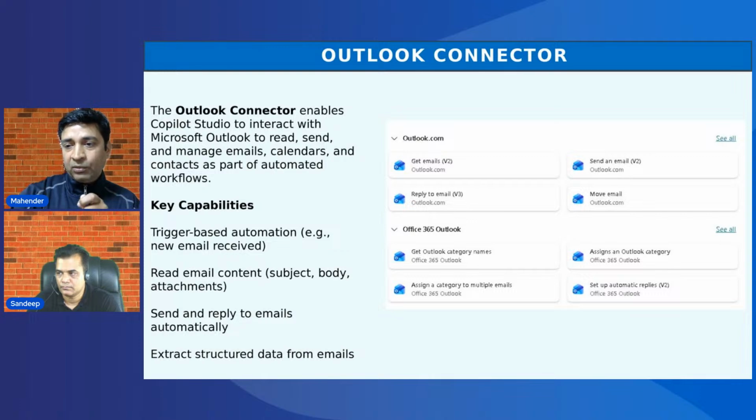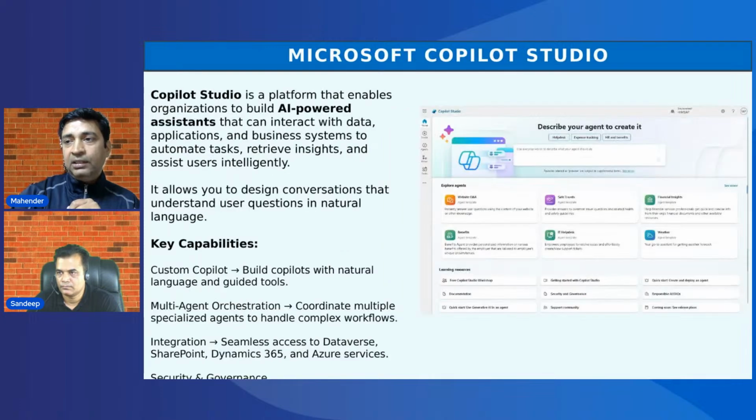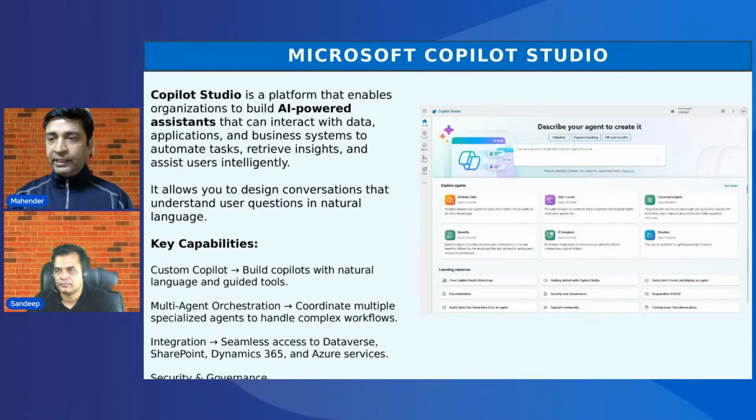Okay, now the next thing here is Microsoft Copilot Studio. In Copilot Studio, what we are basically doing is building agents, right? Now, what is Copilot Studio? In a simple way, this is a platform which allows us to build agents. Nowadays agent is a buzzword, so we can simply say it allows us to build that agent.